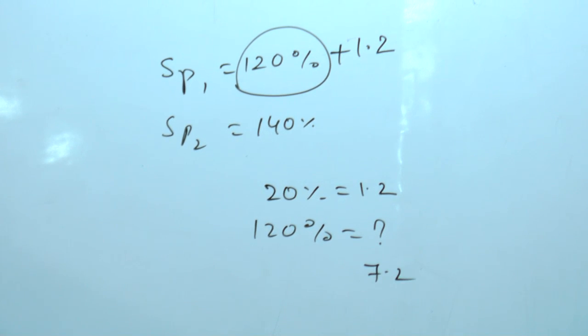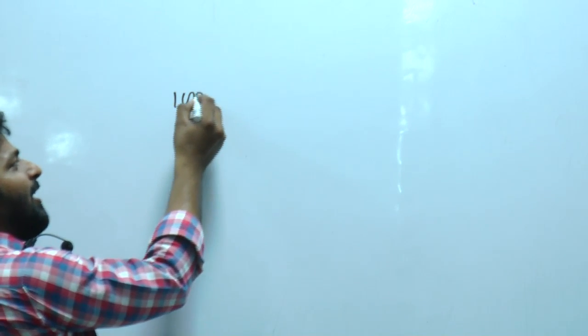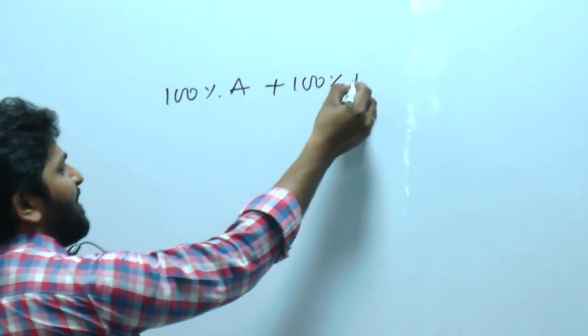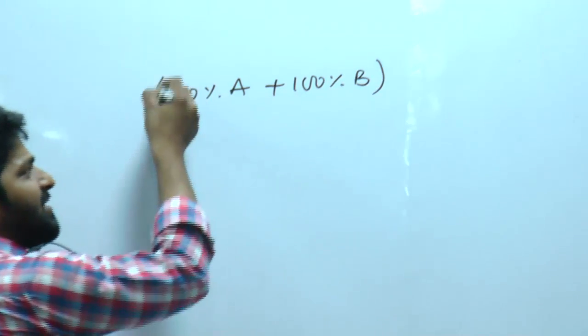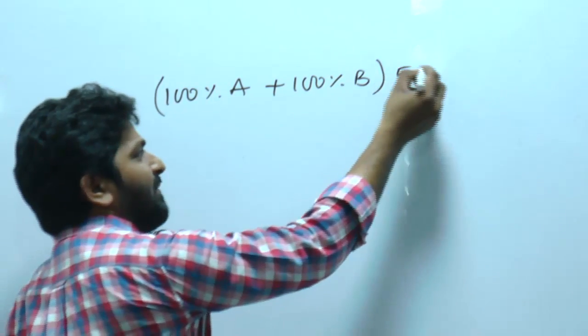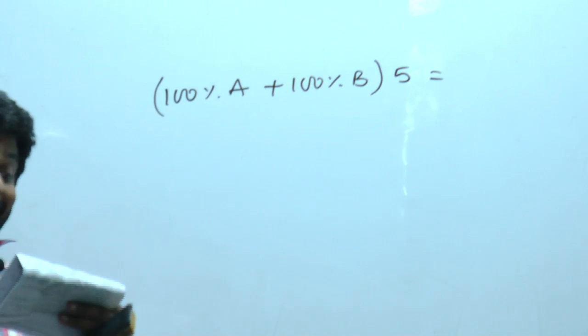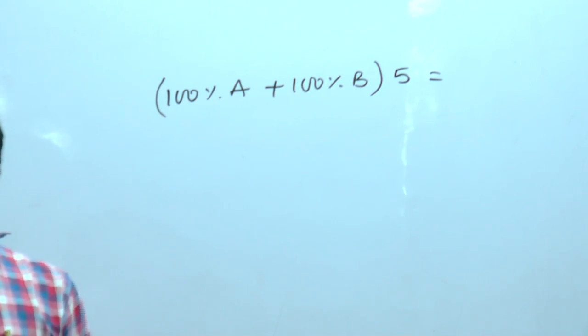Right. So working together, they can complete the work in 5 days. Working together in the sense, working with 100% efficiency of A and 100% efficiency of B, they take how many days? 5 days. Now, A works twice as efficient as he actually works.